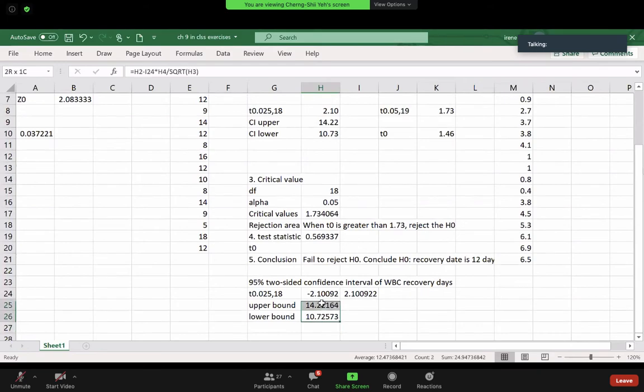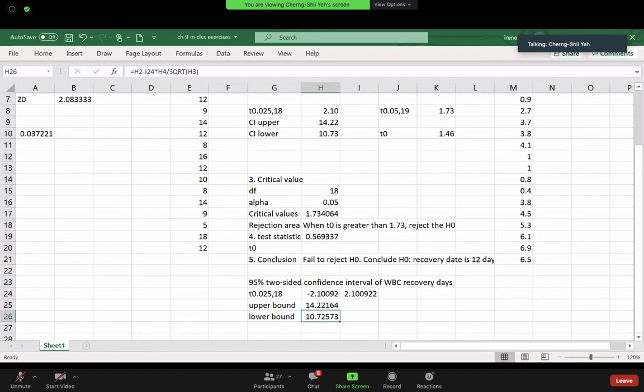Okay, so that's how we derive the upper and lower bound. I am going to focus on here so you can see the equation. And we'll go down to, let me see, I think we have time to go over one more example.